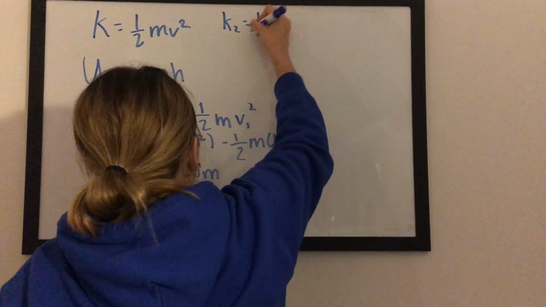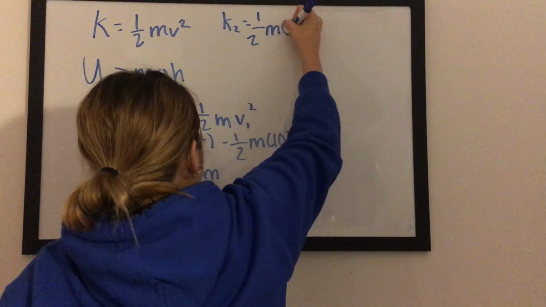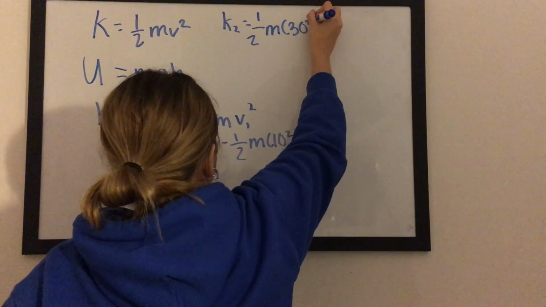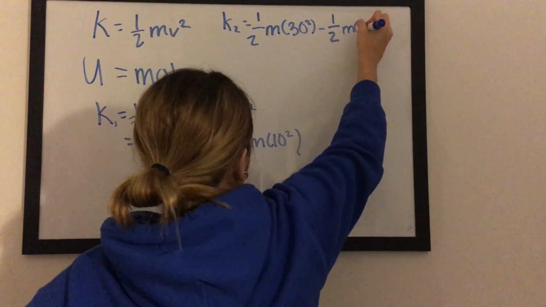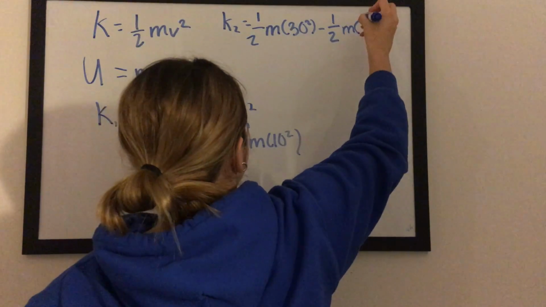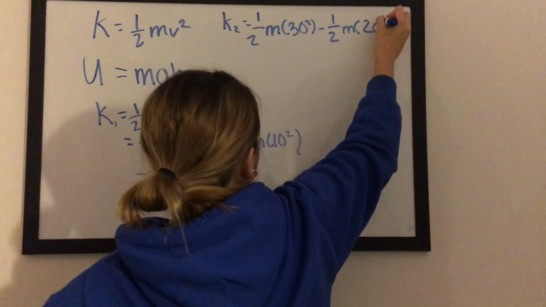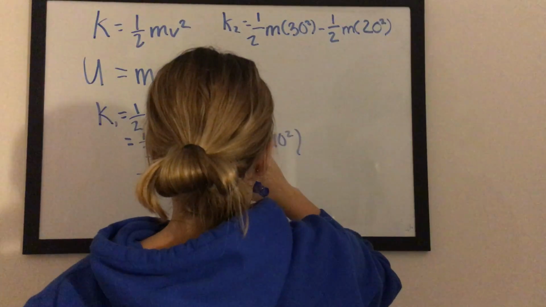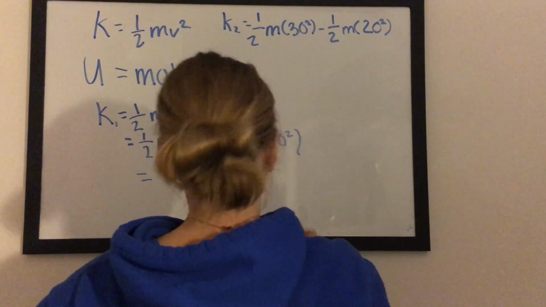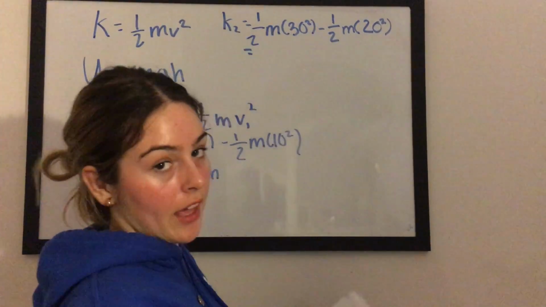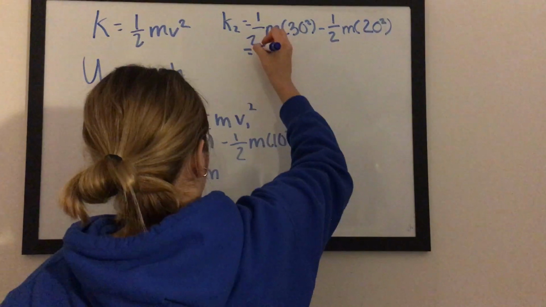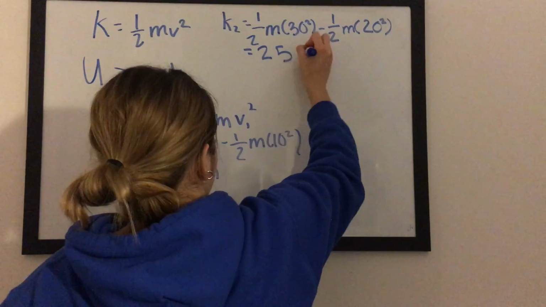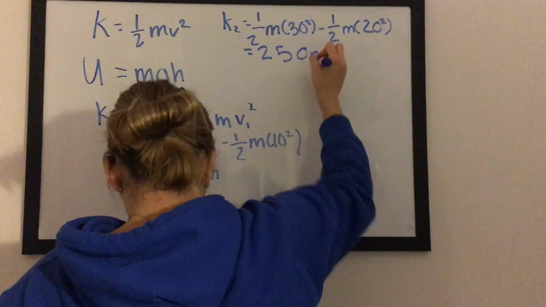We get 1/2 m times 30 squared minus 1/2 m times 20 squared, which if you plug into your calculator, or solve mentally, it's not that hard, is 250 m.